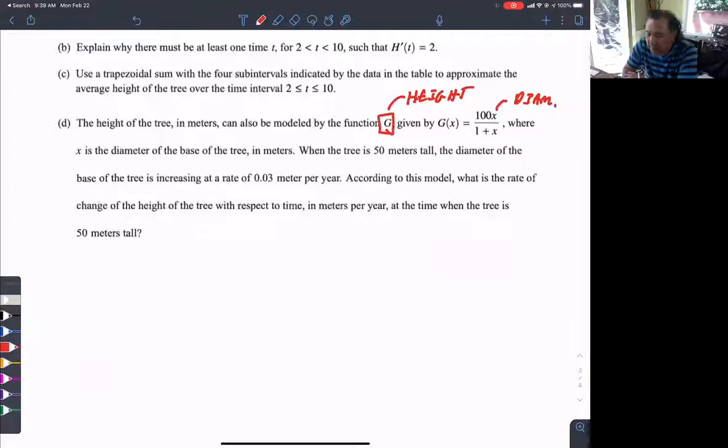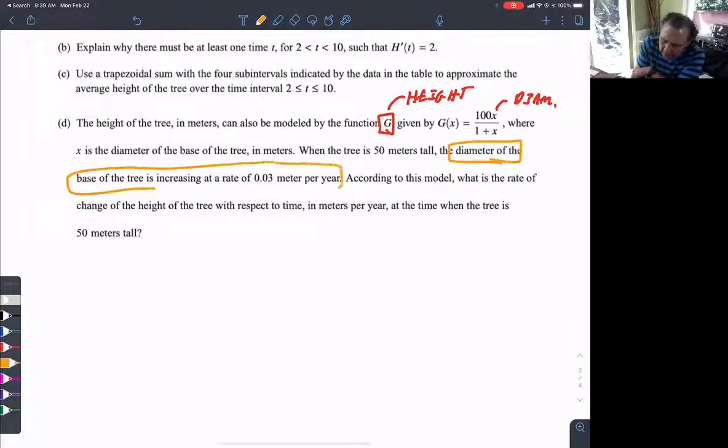It says when the tree is 50 meters tall, the diameter of the tree is increasing at the rate of 0.03 meters per year. So let's take a look at that. That is a derivative, okay? Something is changing as something is changing.